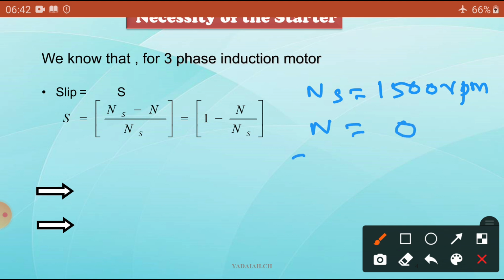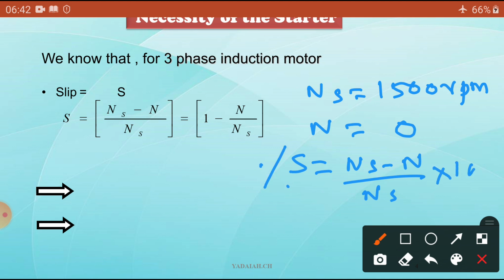So S is equal to (Ns minus N) by Ns, and for percentage you multiply by 100. Then S is equal to Ns by Ns, which is 1500 by 1500, so S is equal to 1, that is 100%.